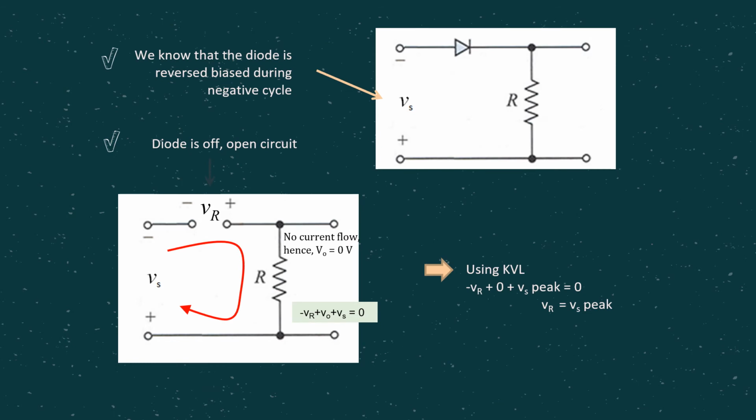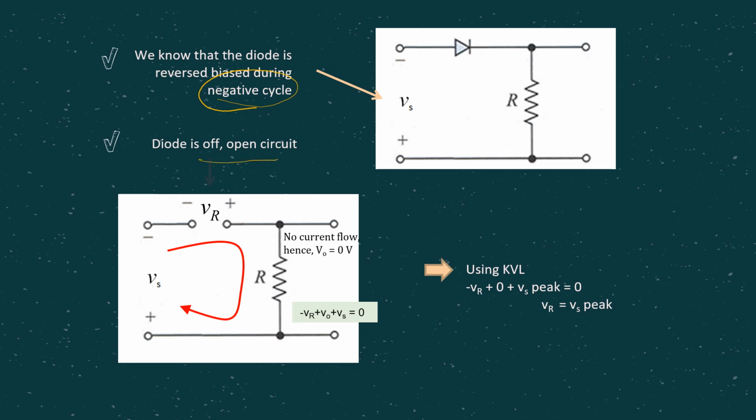In order to calculate the maximum reverse bias voltage for a particular diode, for example in this half wave rectifier, we know that the diode is reverse bias during the negative half cycle. Remember, in the negative half cycle the diode is open circuit, no current flows, and V naught is also zero. The diode is off.